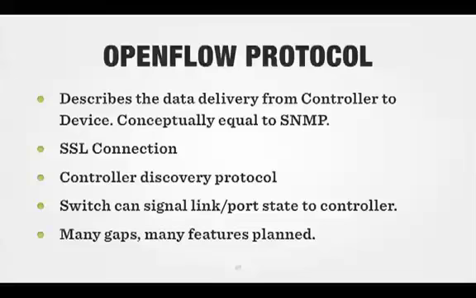So you've got things like certificate management and more importantly, existing code to handle the SSL encryption process, so we know that it's easy, it's fast, and it's easy to do. And importantly, SSL means that you can use XML formatted data over a HTTP-like protocol. There's also a controller discovery protocol so that the controller can discover what the network device is looking like, and the switch can signal back link and port state to the controller. It can say that a link went up or down, or that the port has been unplugged, or data like that.